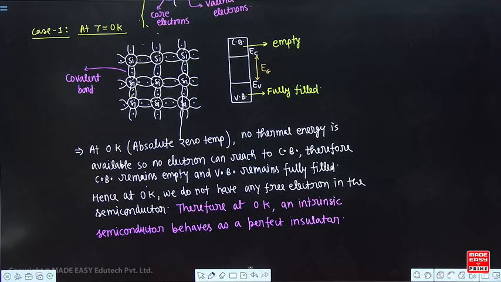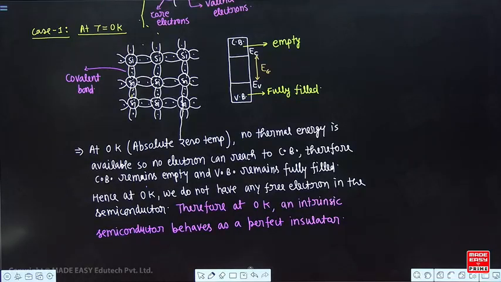Pratik is asking why carbon does not behave as a semiconductor. Very simple. Basically carbon here is diamond. In diamond sp3 hybridization takes place, and because of that sp3 hybridization, the potential energy of the carbon-carbon covalent bond goes very low.